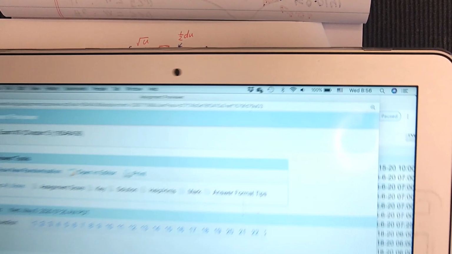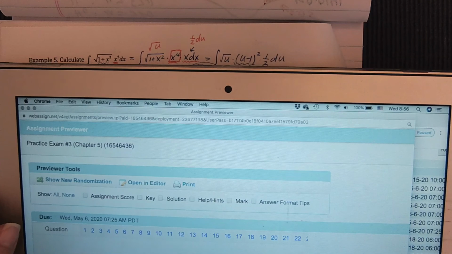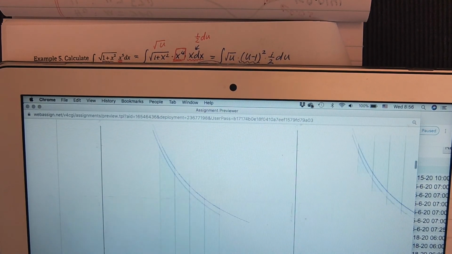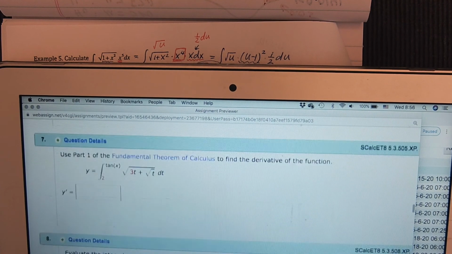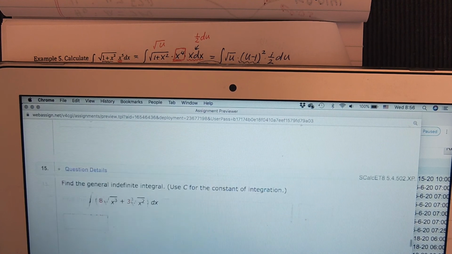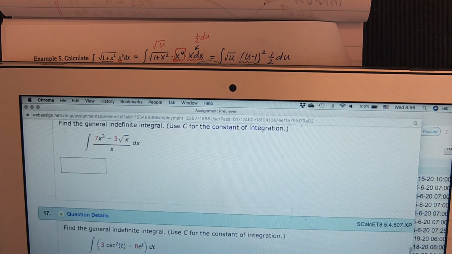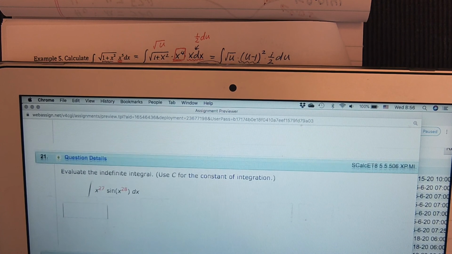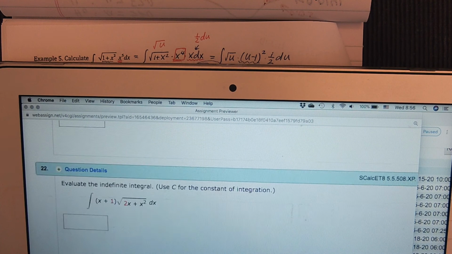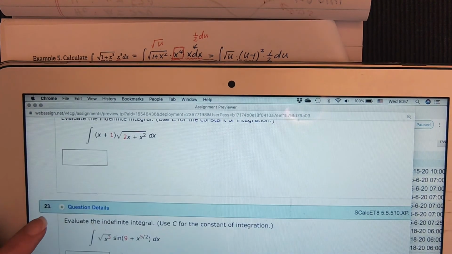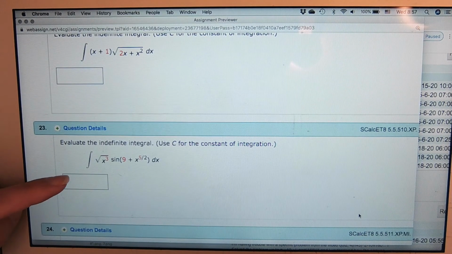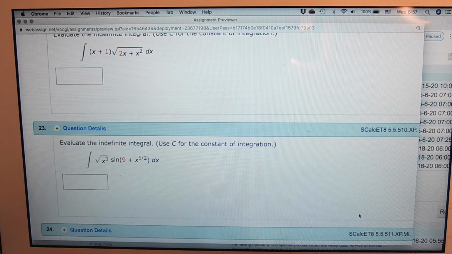So I opened up the practice exam, chapter 5, and let's quickly do the 5.5. One of them I had was 23. Okay, we can do this question. And then there's the back u sub question as well.